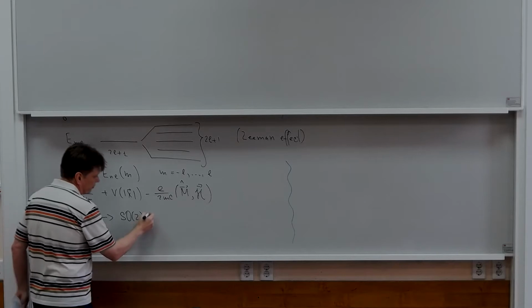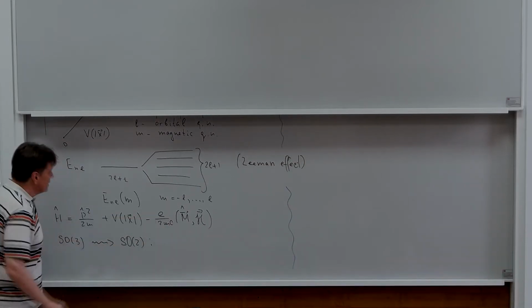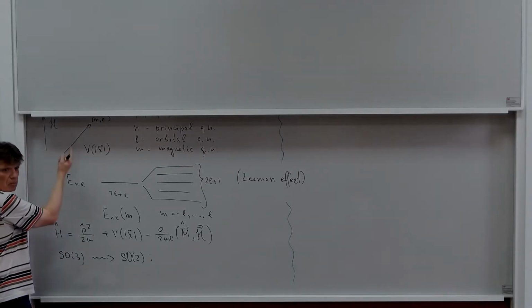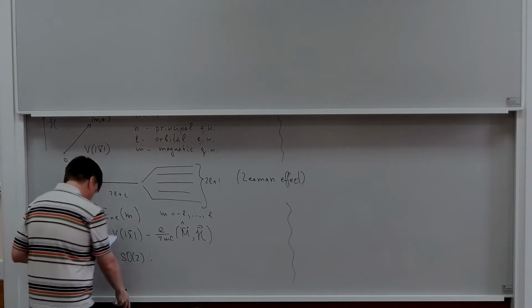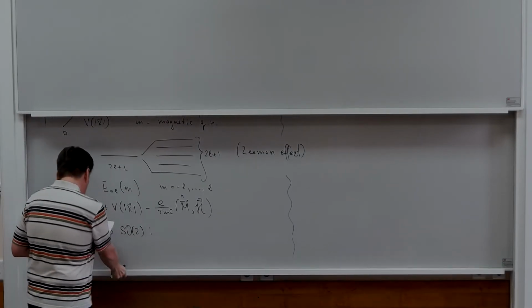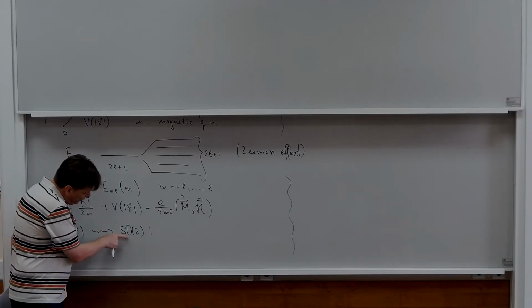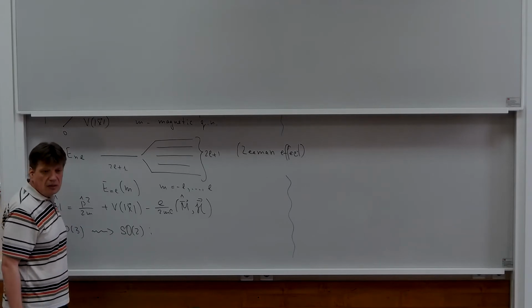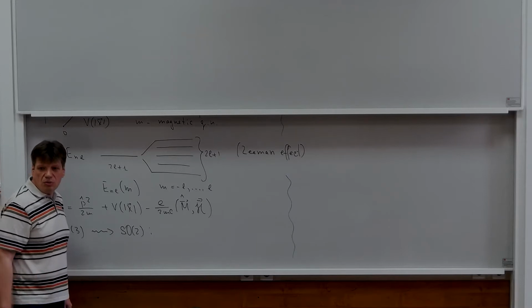This is the axial symmetry because the total Hamiltonian is still invariant under rotations about the vector H. But notice that the group SO(2) is commutative, and hence all its complex irreducible representations are one-dimensional.